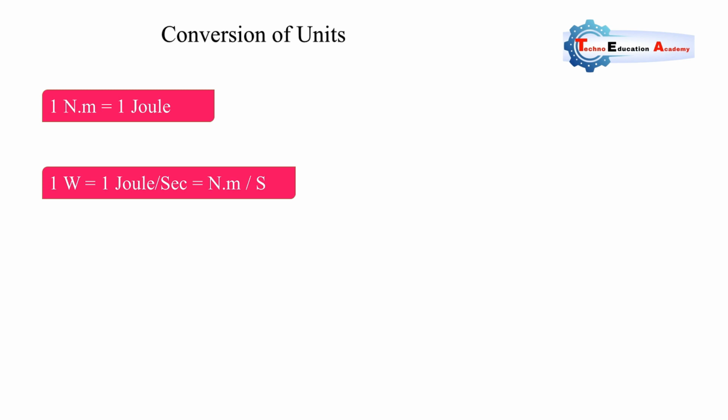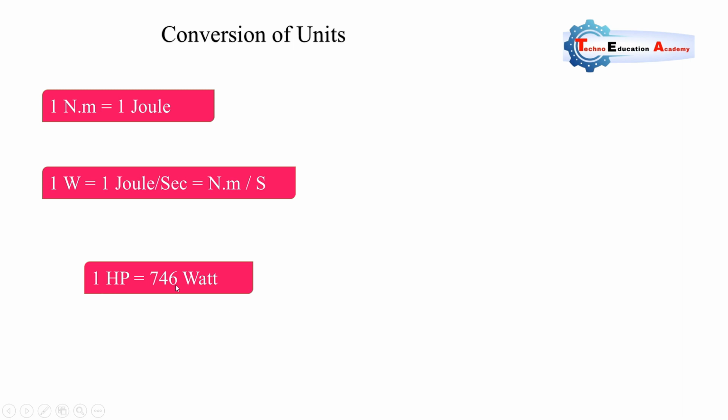So its unit is kilowatt hour. Horsepower is also a unit of power. Power means rate of doing work. Work done we have already discussed, Newton into meter, force into displacement, and rate means time. So the rate of doing work is called power, or we can say joule per second, and its unit is watt.